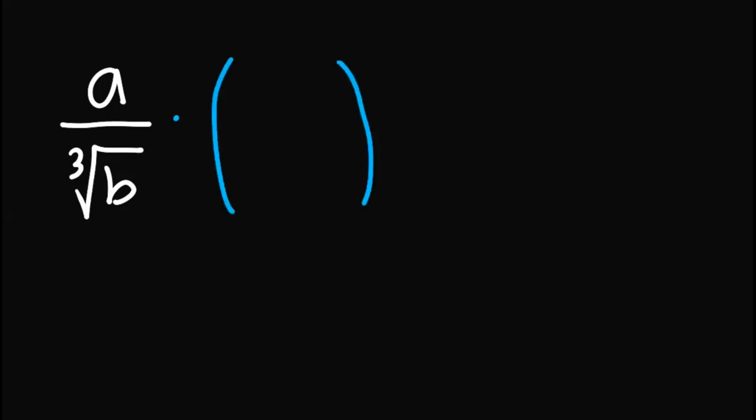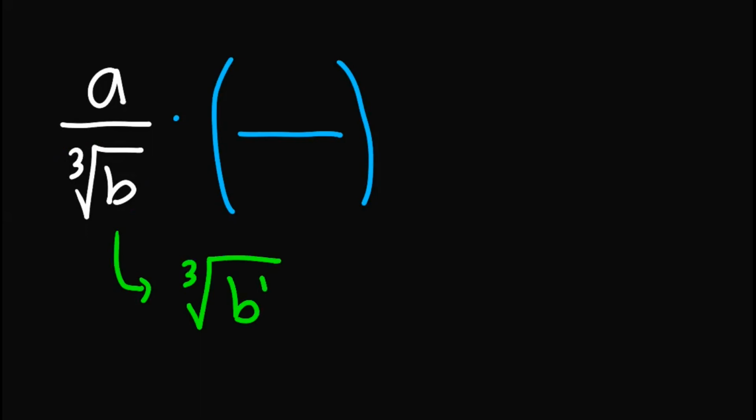Let's have this next example. Let's have a over the cube root of b. So what do we need to multiply in this case? Well, again, we first observe this. Observe that in the cube root of b out here, b has an exponent of 1.